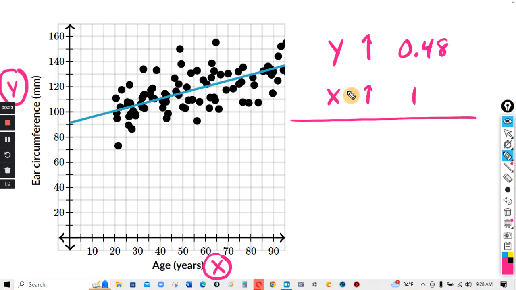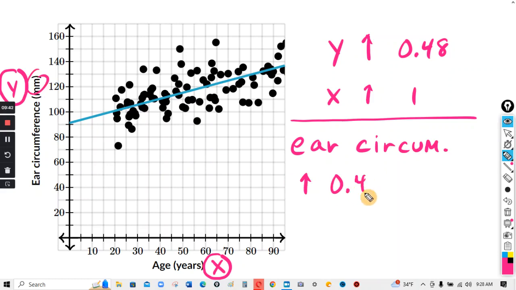So y increases, or we can say ear circumference increases by 0.48 millimeters, and the age increases by 1 year.